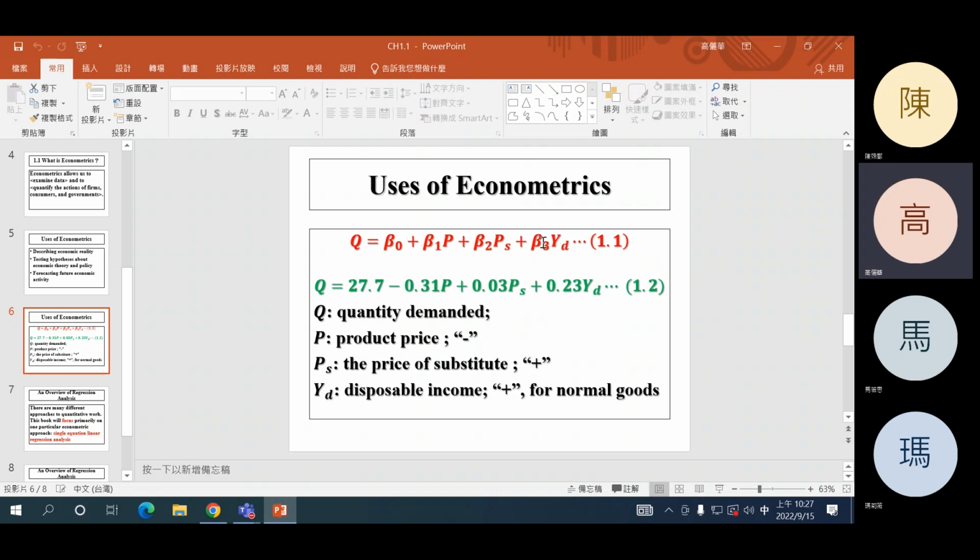If you are the researcher or an employee in Apple's company, then you know how to explain all this result to the marketing supervisor or someone, to help them make the correct decisions. All right? Understand what I'm saying here? So this is what we say are the uses of econometrics.